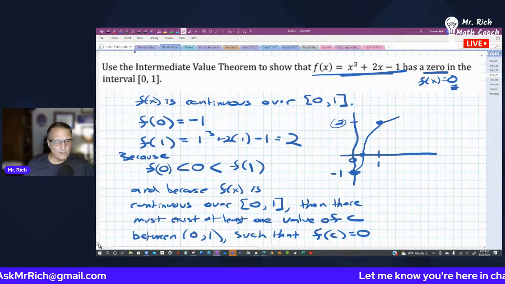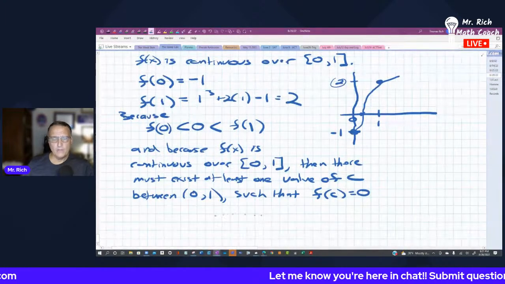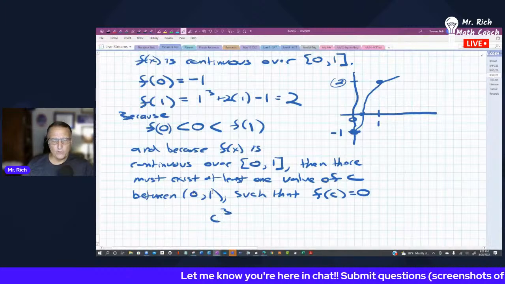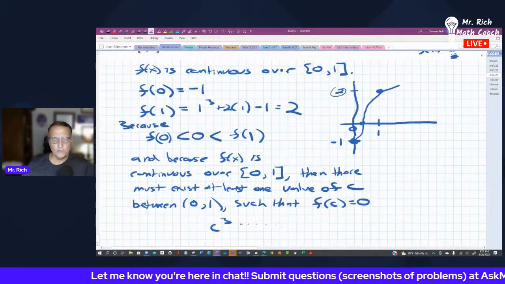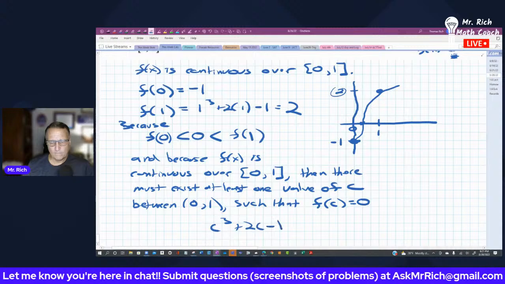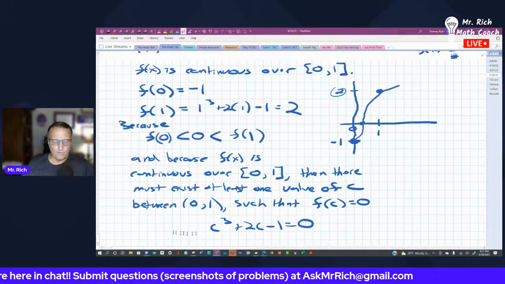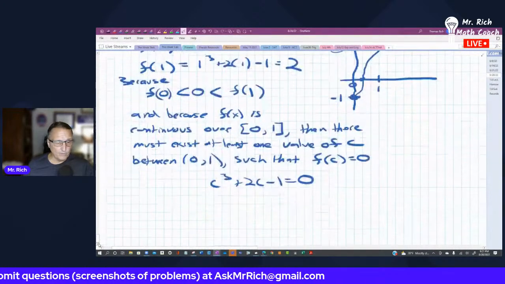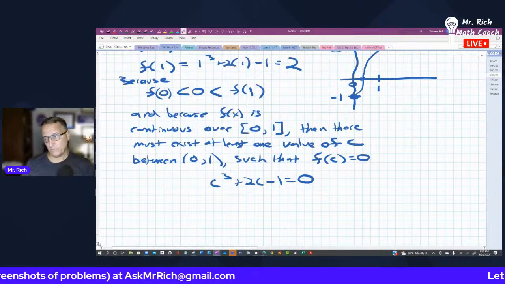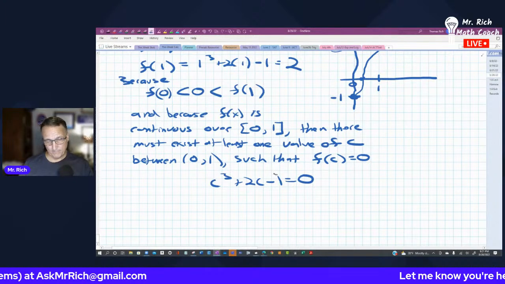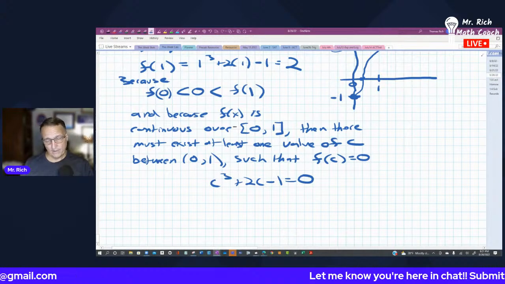So if I were to solve this, I would have to solve the equation c cubed plus 2c minus 1 equals 0, and find out what the real solution is to that.